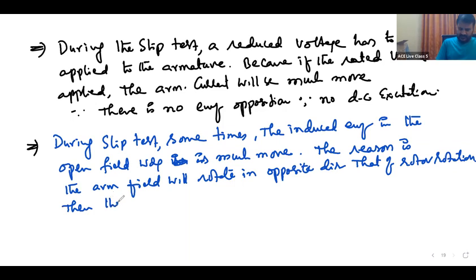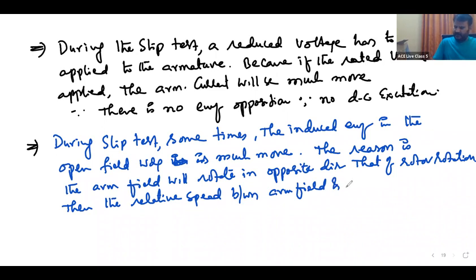Then the relative speed between the armature field and the rotor winding is nearly double the synchronous speed, double the Ns.